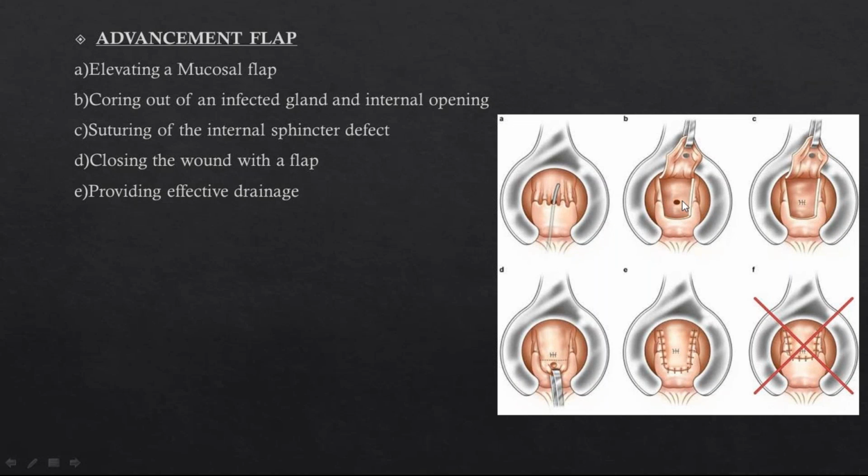Then the internal sphincter defect is closed with sutures. That is the third step. And the fourth step is that the flap is closed with multiple stitches. Okay, this is the advancement flap. Just remember these 5 points.